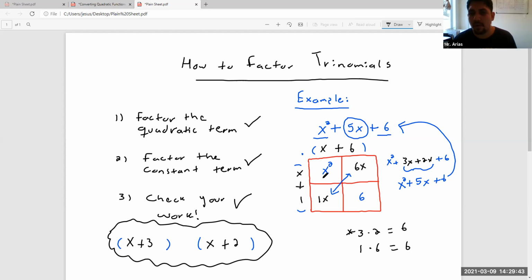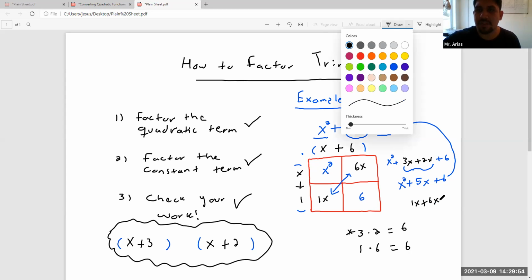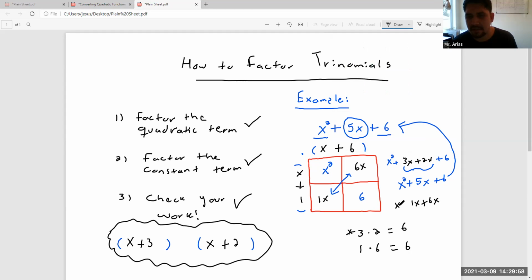So eventually, if I take all the terms out of the box, I would get 1x plus 6x, and then the terms in blue in this example would be x to the power of 2. I'll just put it in black. And then plus 6. So the only problem here is that if you add 1x plus 6x, you get 7x, not 5x as in the original problem.